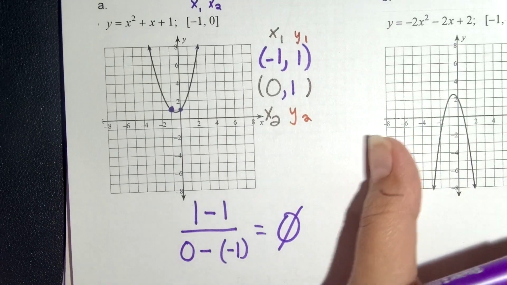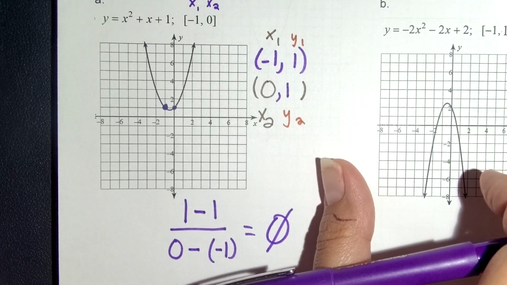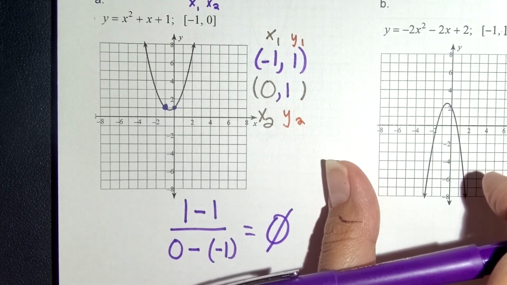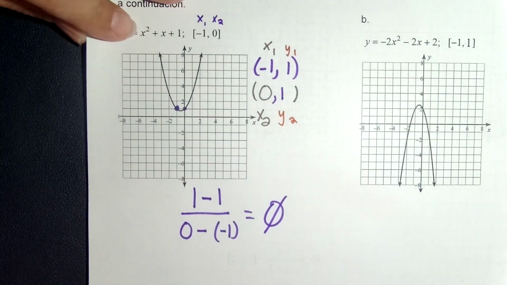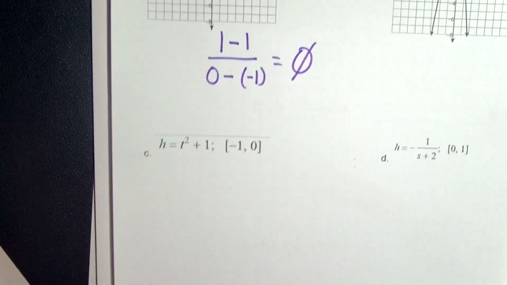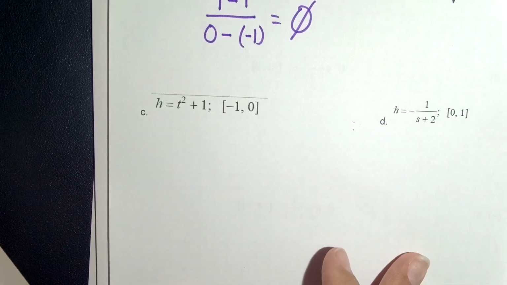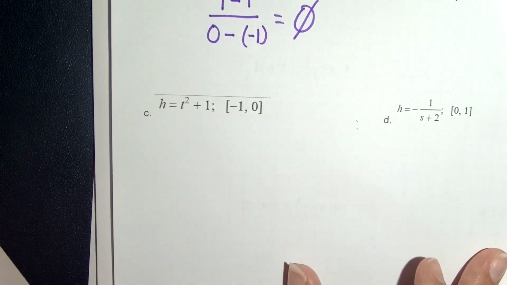I'm going to skip letter B for sake of time, but it's the exact same thing. You find the coordinate, substitute it into the slope equation. Let's move on to C. Do I have a graph for C? No, this is a function.